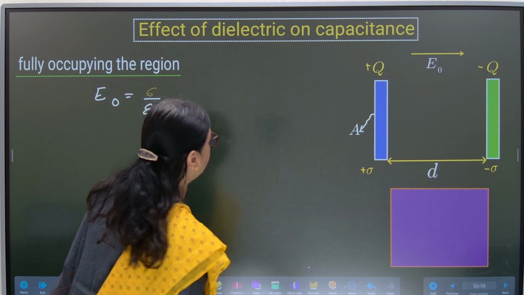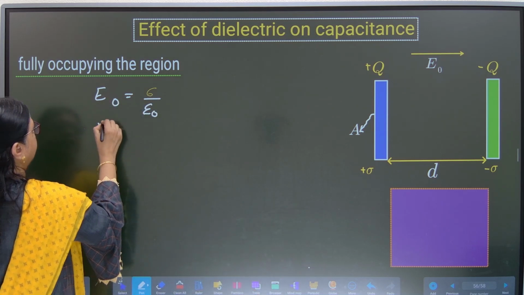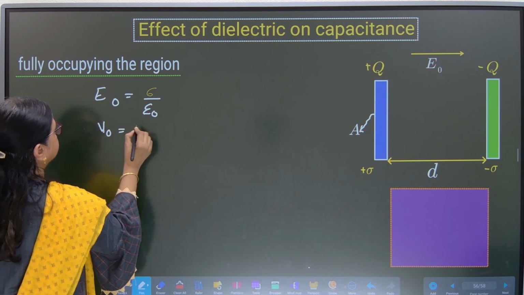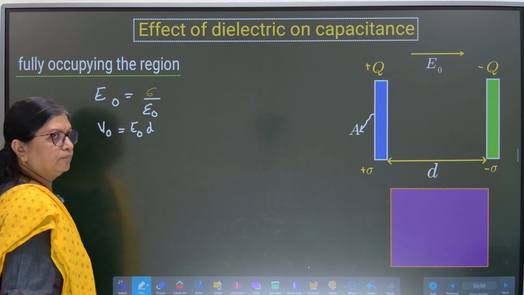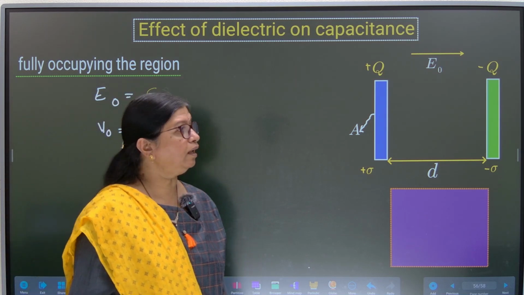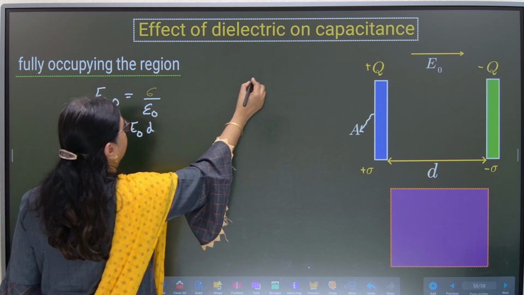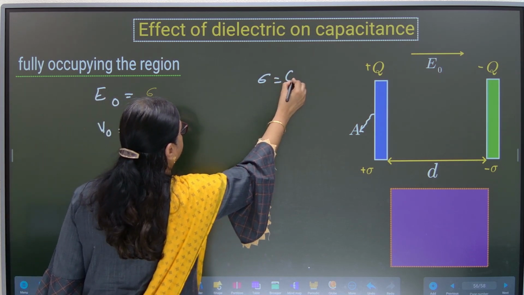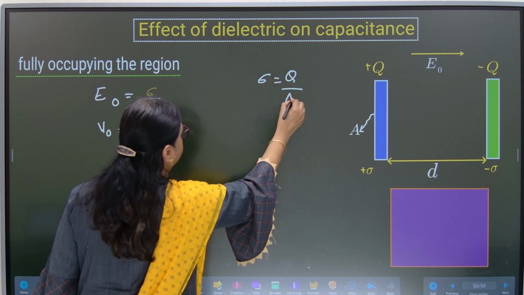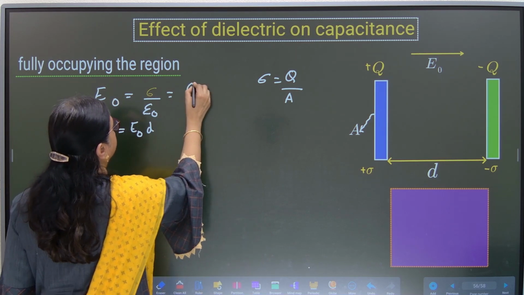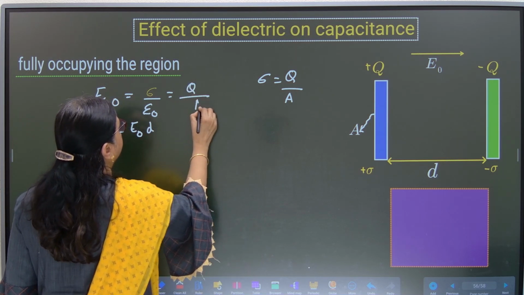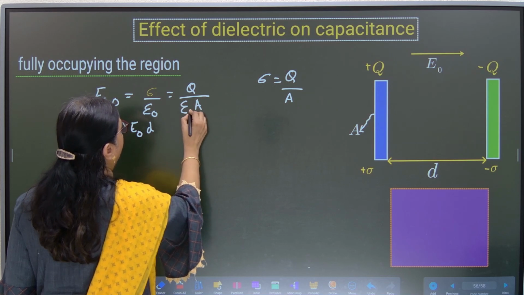Because of which we have V naught is equal to E naught d. Here we can write sigma is equal to charge upon surface area of the plate, therefore we can write Q upon A epsilon naught.